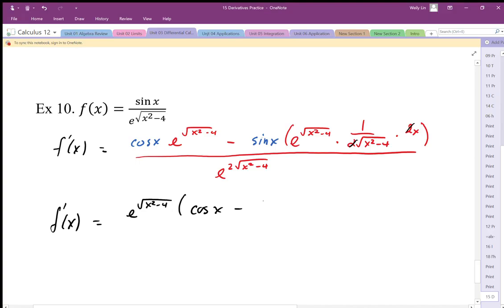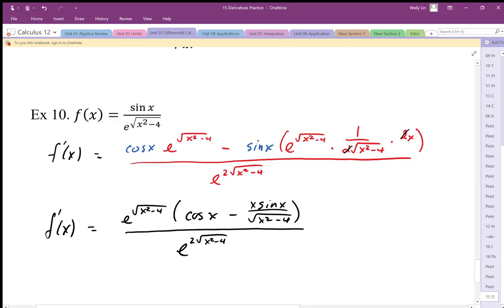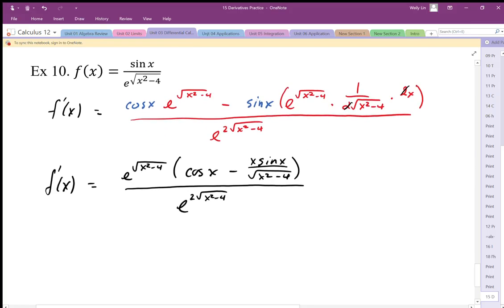So here we're going to end up with sine x times x over square root x squared minus 4. In this case, we can cancel out common factors and make this even a little bit easier to work with.